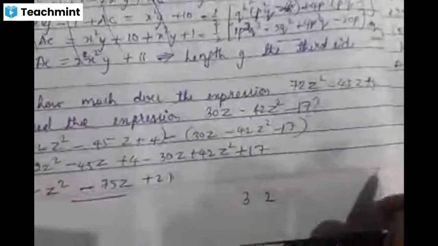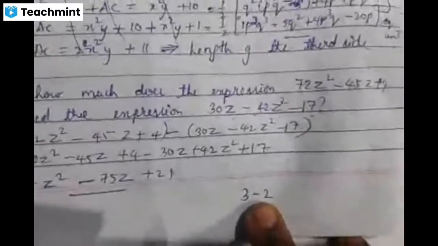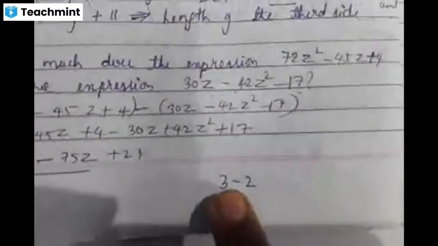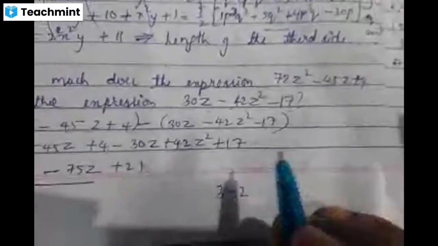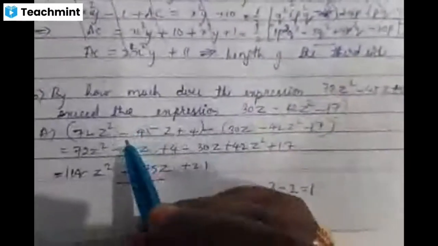If I ask you, what do you do, children? Exceeding means we have to subtract. How much is 3 more than 2? The question is, how much is this expression more than this expression? You will subtract 3 minus 2 is 1. In the same way, we are going to subtract this expression from this expression.